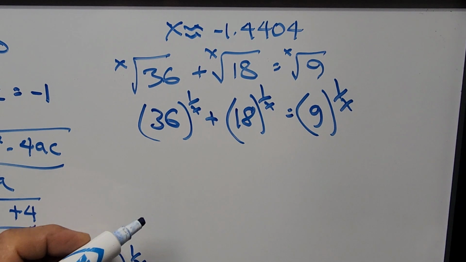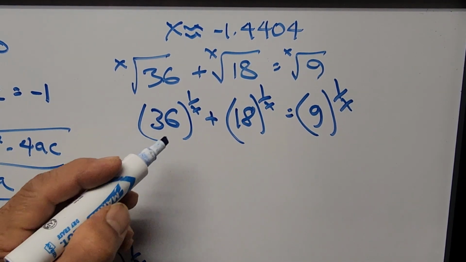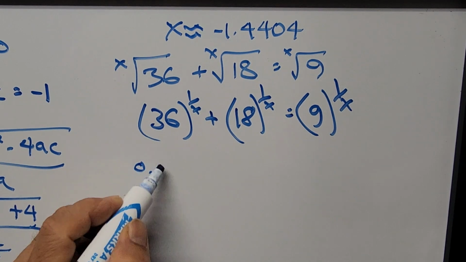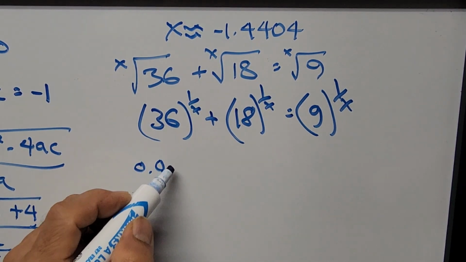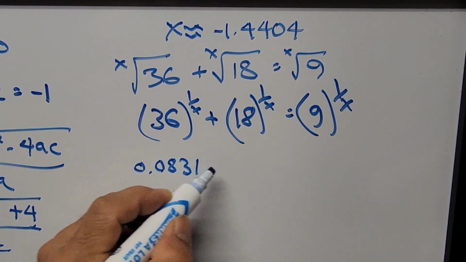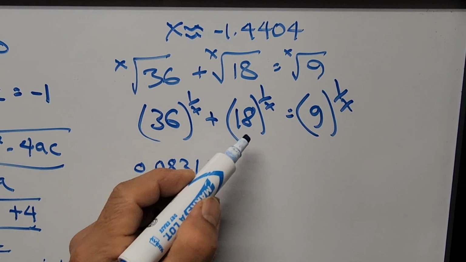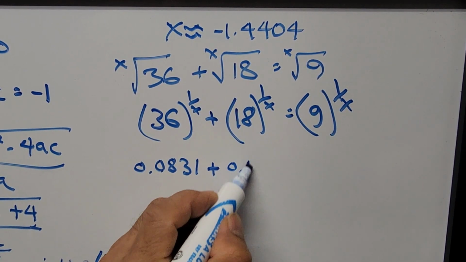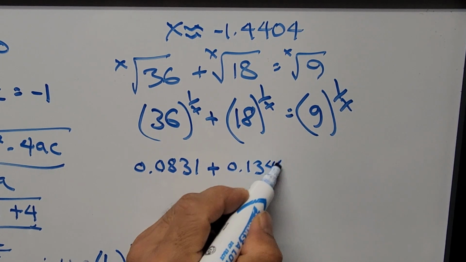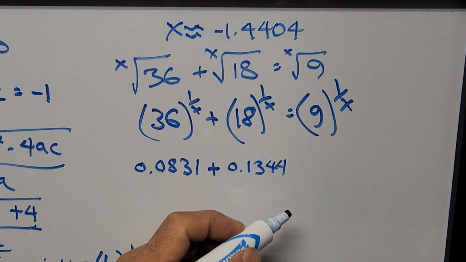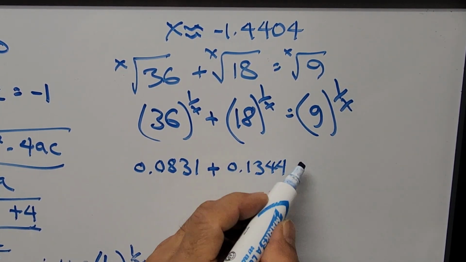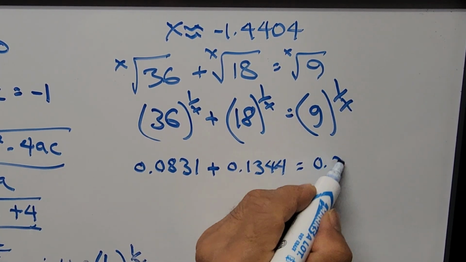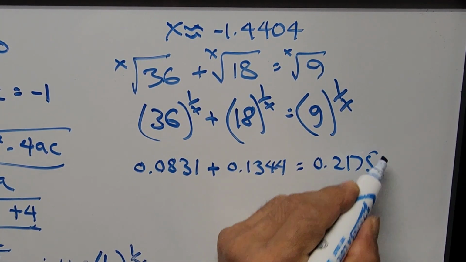So we have 36 to the power of 1 over x is approximately 0.0831 plus the value of 18 to the power of 1 over x is 0.1344 approximately, and the value of 9 to the power of 1 over x is approximately 0.2175.